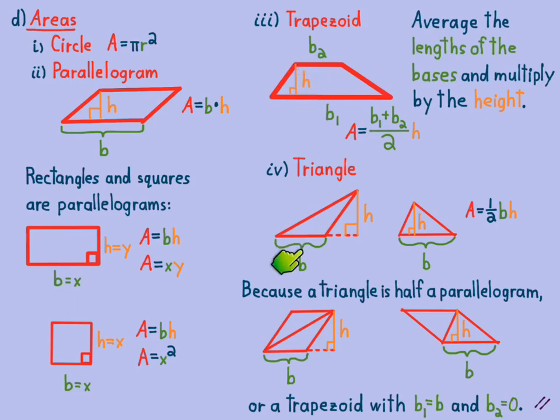So you'd have B plus 0 over 2, which is B over 2 times H, which is 1/2 base times height. So that's just kind of a cool little way of relating the area of a triangle to a trapezoid. Most people find this a little easier, probably because they did this at some time in K through 12, at least once.